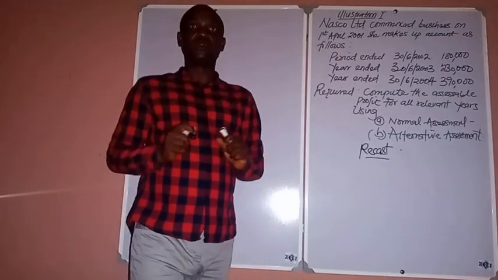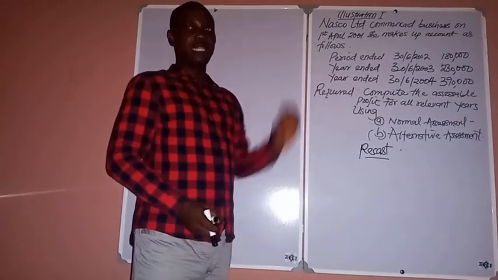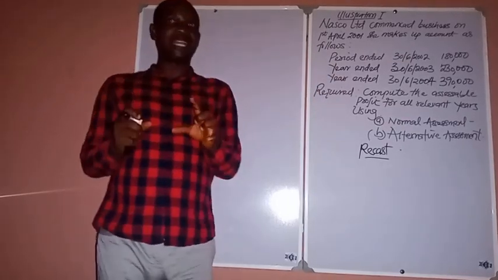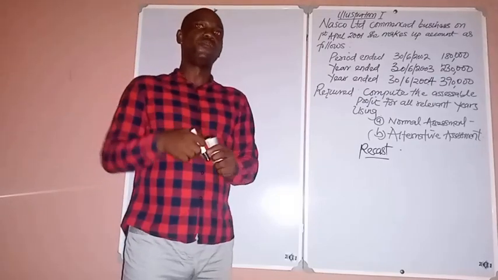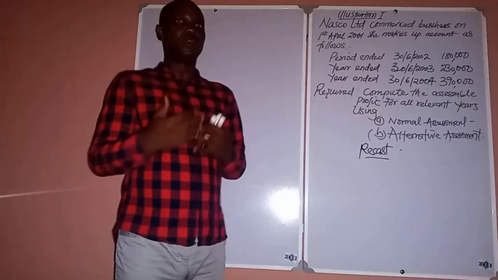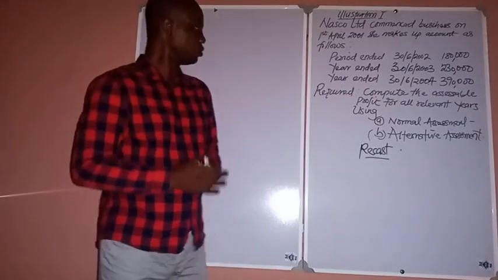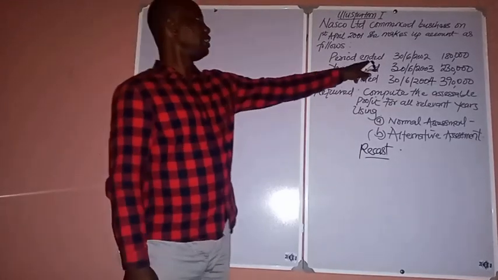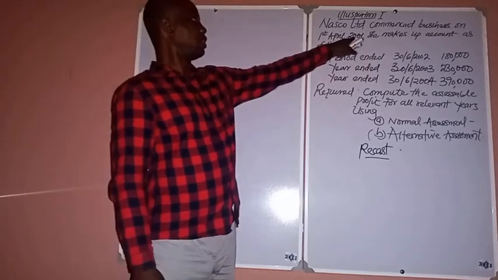I have not started solving this question. I'm just trying to readjust the date. What I'm doing now may not give you mark yet, but it will give you insight and an edge in bringing solution to your question faster. So just watch what I'm going to do now. This period ended started from 1st April 2001.